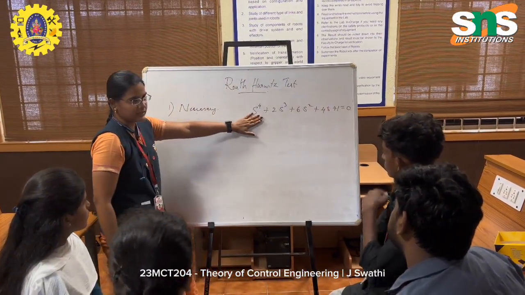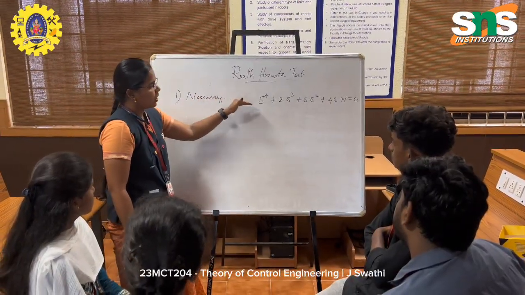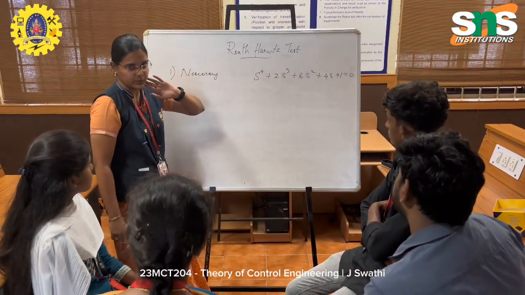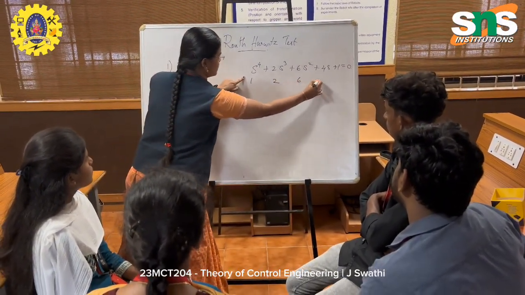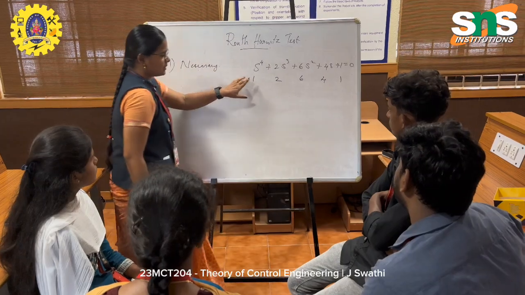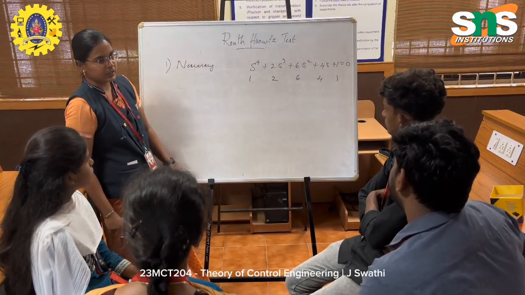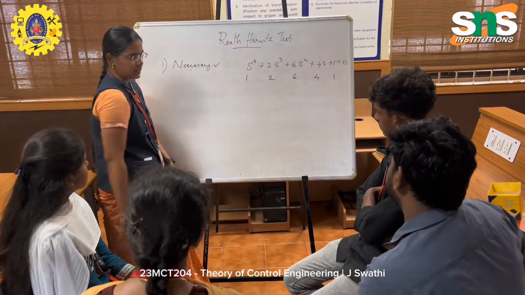The necessary condition states that all the coefficients in my characteristic equation should be positive. Here the coefficients are 1, 2, 6, 4, 1. Are these coefficients positive or negative? Positive. So all the coefficients are positive, and it satisfies my first condition.